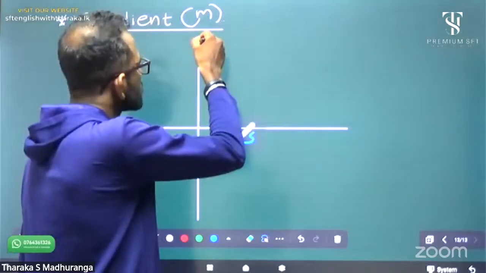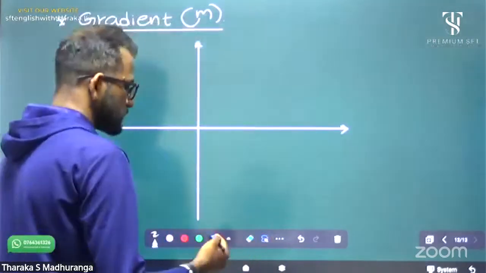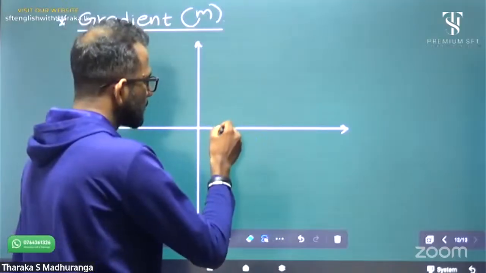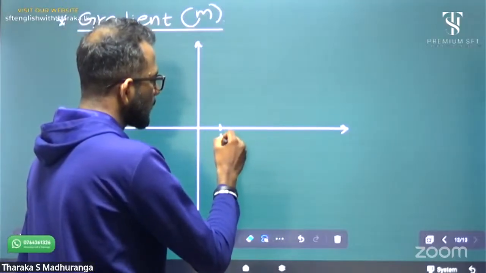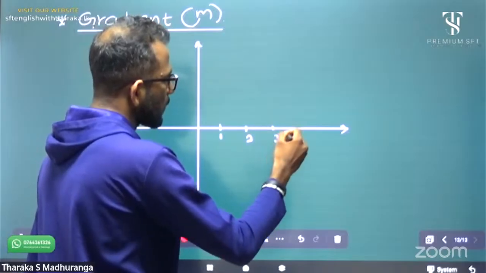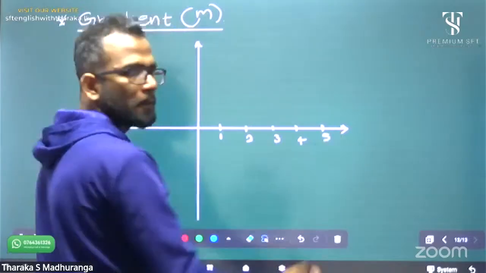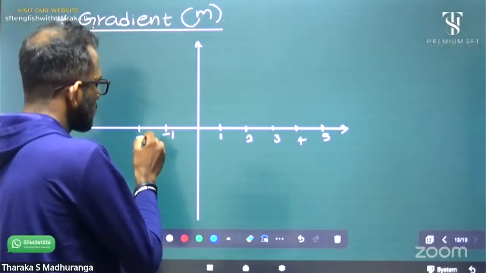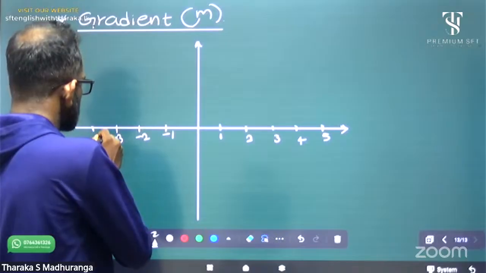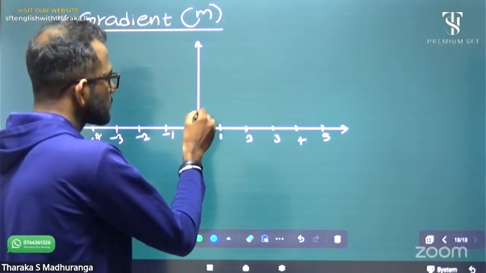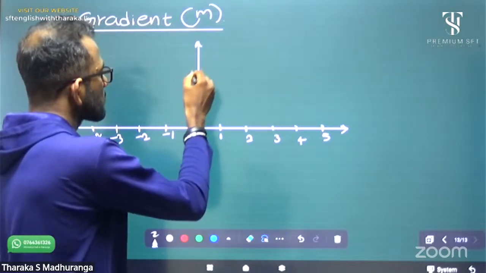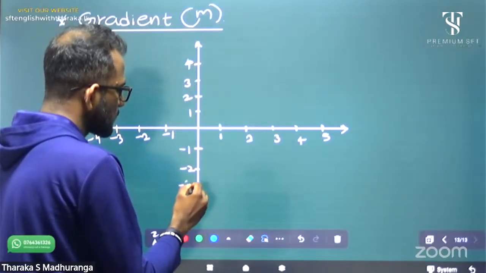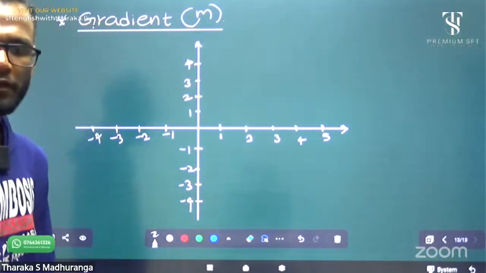What's the actual meaning of the gradient? Vihanga?